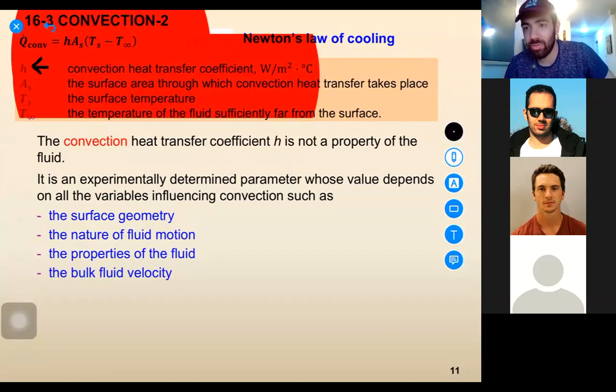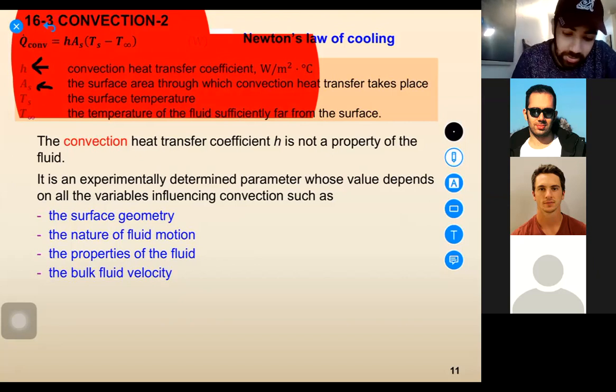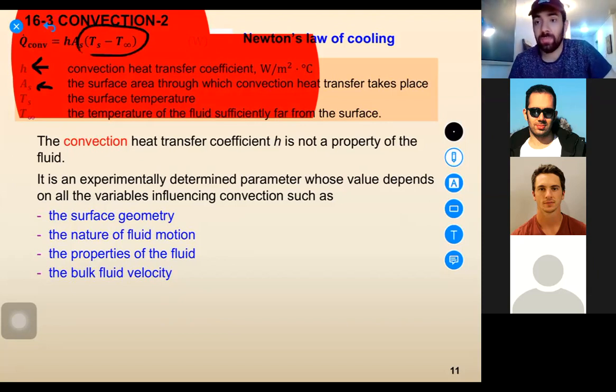So here we have H instead of K, and we again have the area. Area is always in our heat transfer equations, whether it is for conduction, convection, or radiation. And the next term is the temperature difference between the surface and the medium which is flowing over it. So basically three terms, compared to the four terms we had for conduction.